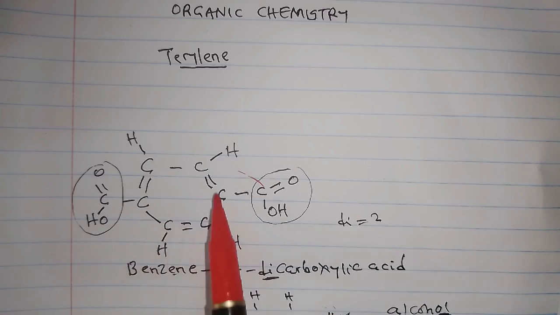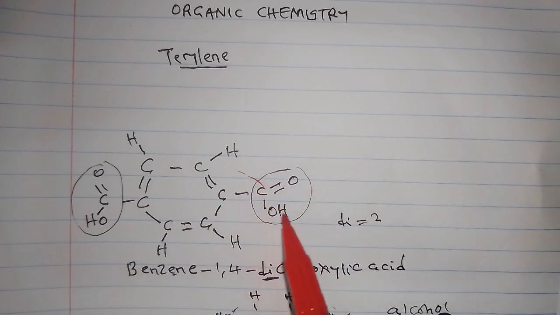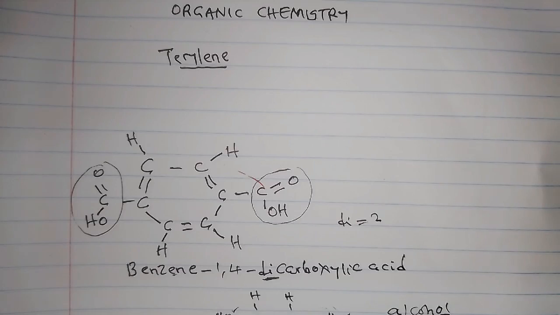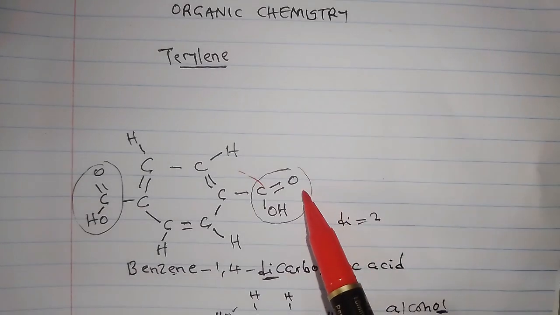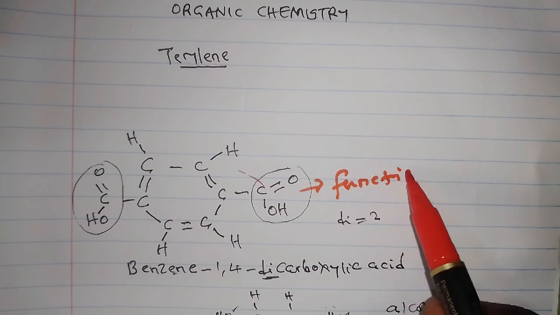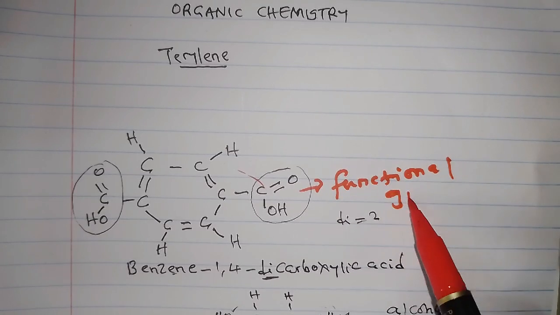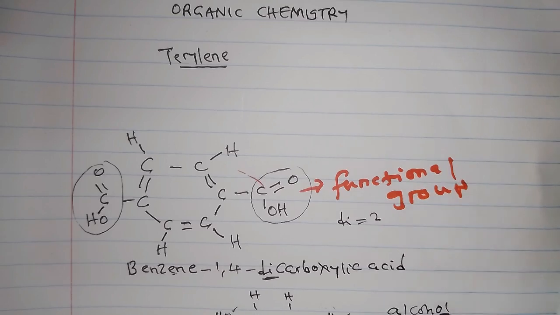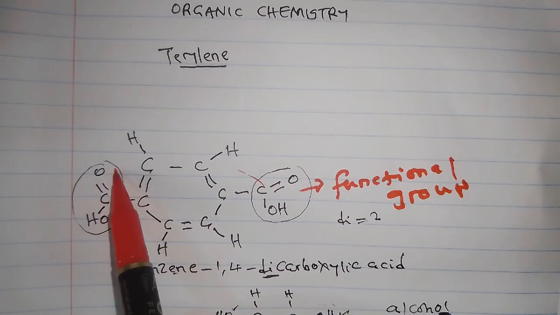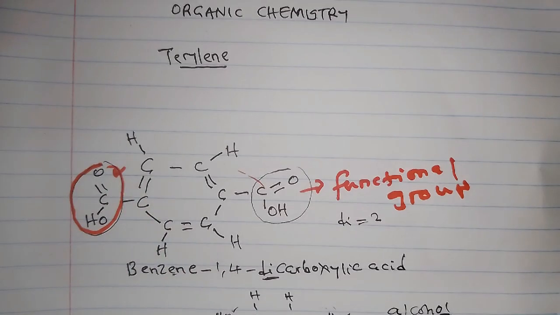This circular part is the benzene, and then these two are what we call the functional groups. And the same applies with this part. This is a functional group.